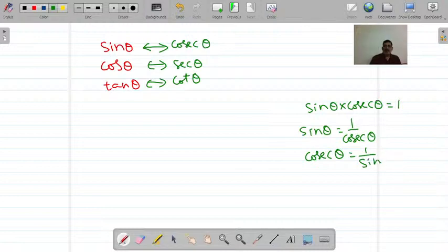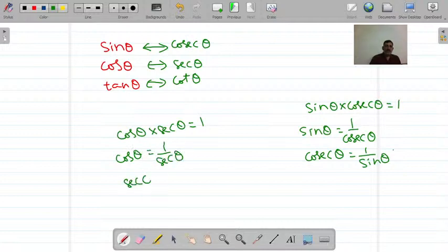This is the first one. Likewise, the second one is cos theta into secant theta is equal to 1. Means I can say cos theta is equal to 1 by secant theta, or secant theta is equal to 1 by cos theta. And the third one is tan and cot.